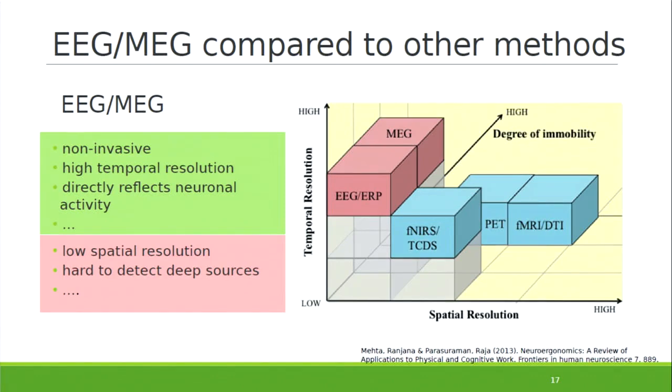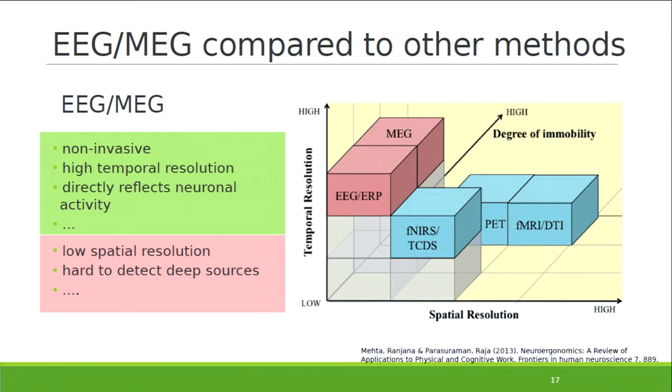Now, just very briefly, to have an overview, I will compare EEG and MEG to other methods used in cognitive neuroscience. The main advantages of both methods are that they are non-invasive. You just measure the signal that the brain generates. They have a high temporal resolution, which is also quite unique.